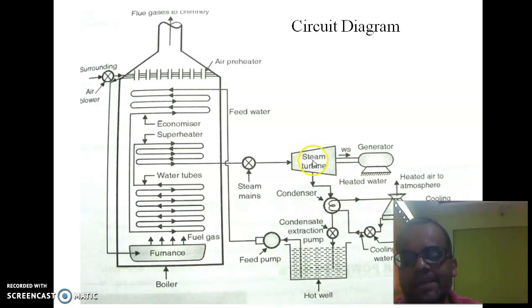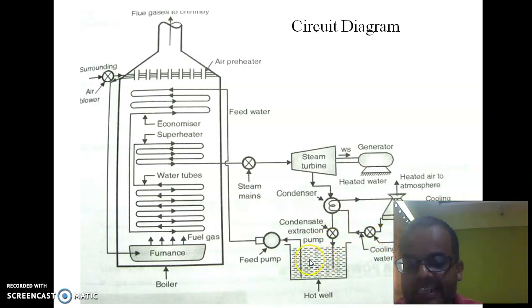Now the steam coming out from the turbine will pass through this cooling tower. The cooling tower is nothing but the condenser unit, where fresh water is sprinkled on the hot steam. So the condensation process takes place, and the steam is converted back into water.